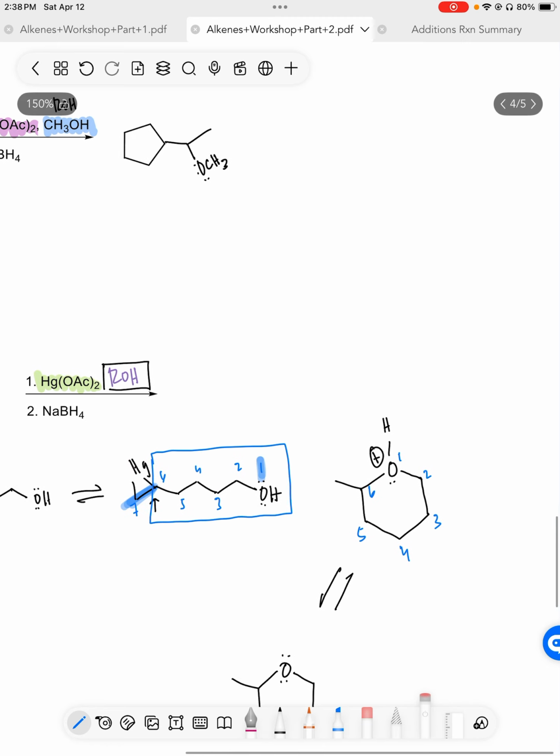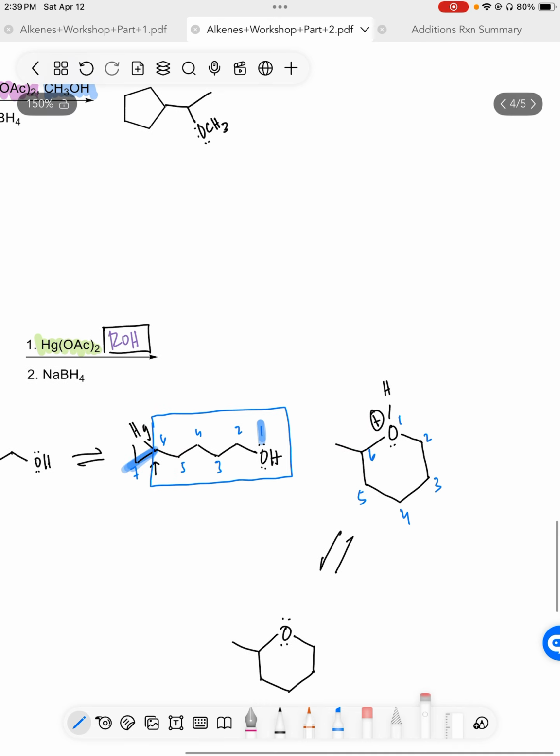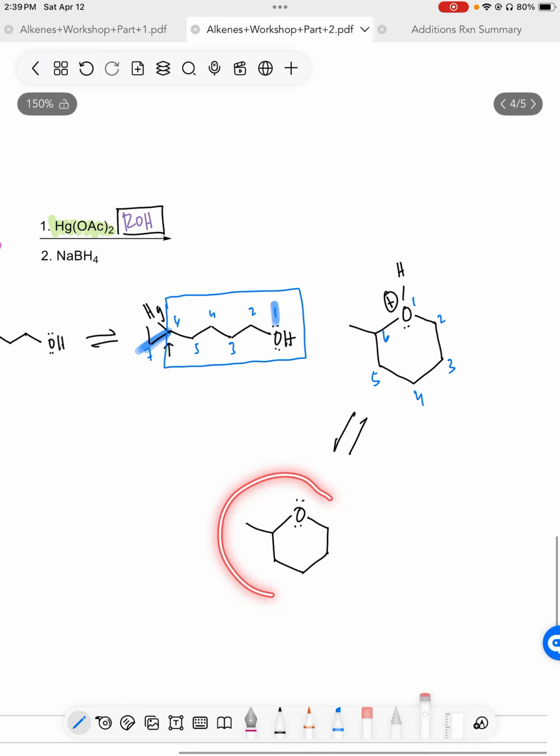And then the mercury leaves, and we are able to attack from this 1 oxygen to this 6 carbon, and we drew a cyclic molecule, and we added on our methyl group that was poking out at the end. And we don't have to know the mechanism, but we do need to recognize that there was an H attached to this O and it gets deprotonated, and we are left with an ether.